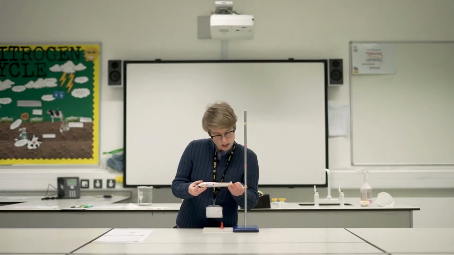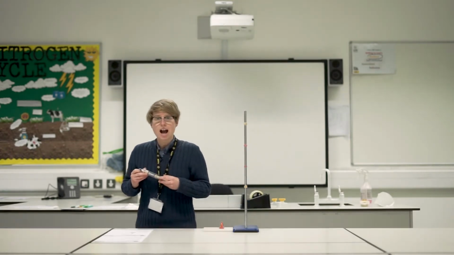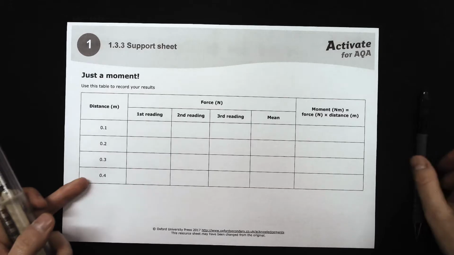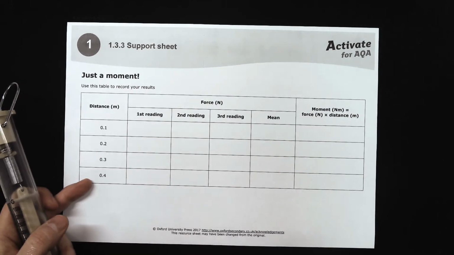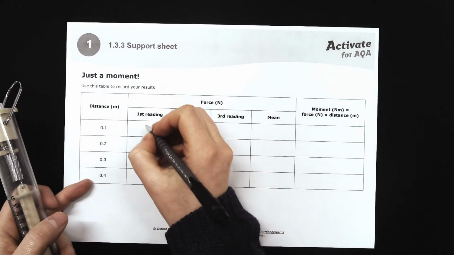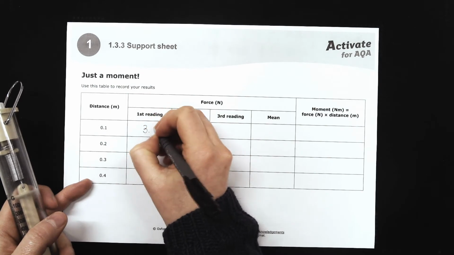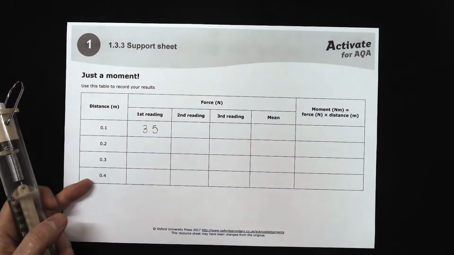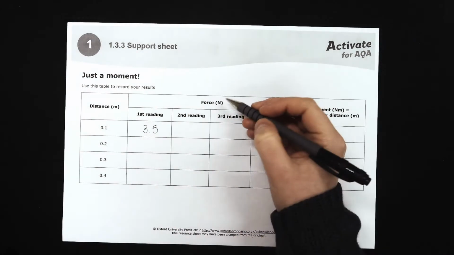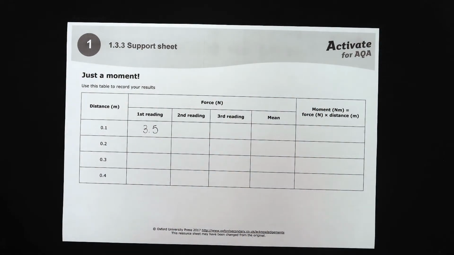I'm going to record this in our table as the first reading. This is my first point, and the first reading was 3.5 newtons. I don't have to put another N here because I already have it in my table.